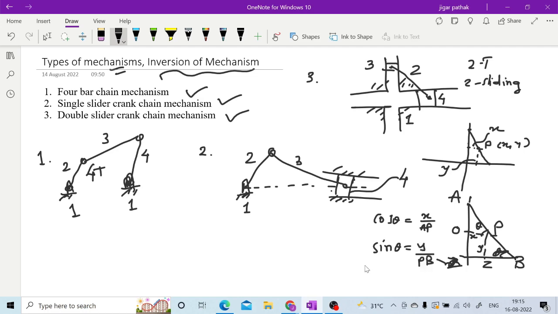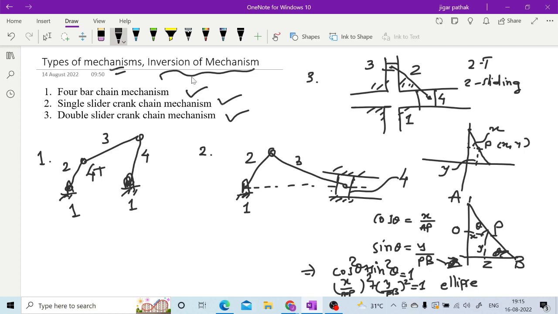Now if you square and add them, cos square theta plus sine square theta equals 1, so x upon AP squared plus y upon PB squared will be 1. This is nothing but the equation of an ellipse. So this is generally used to trace an ellipse, and this is how the double slider crank chain mechanism is used.